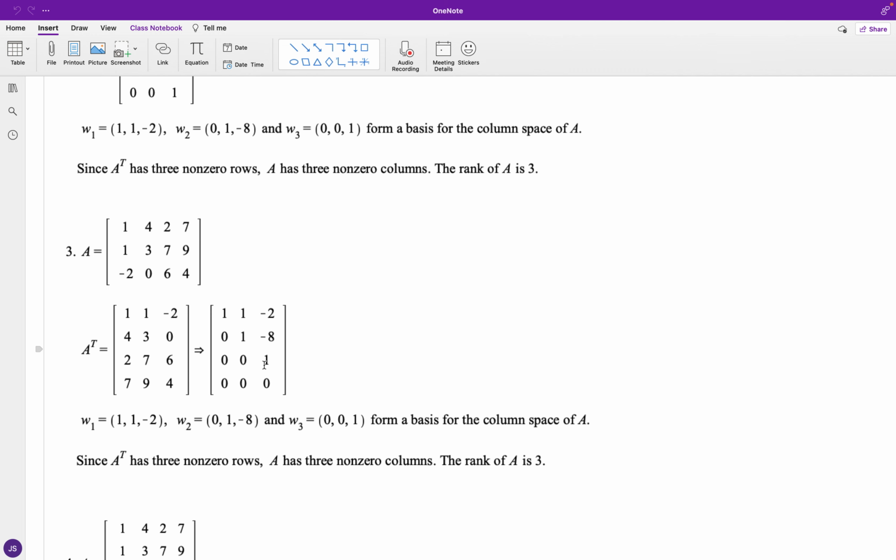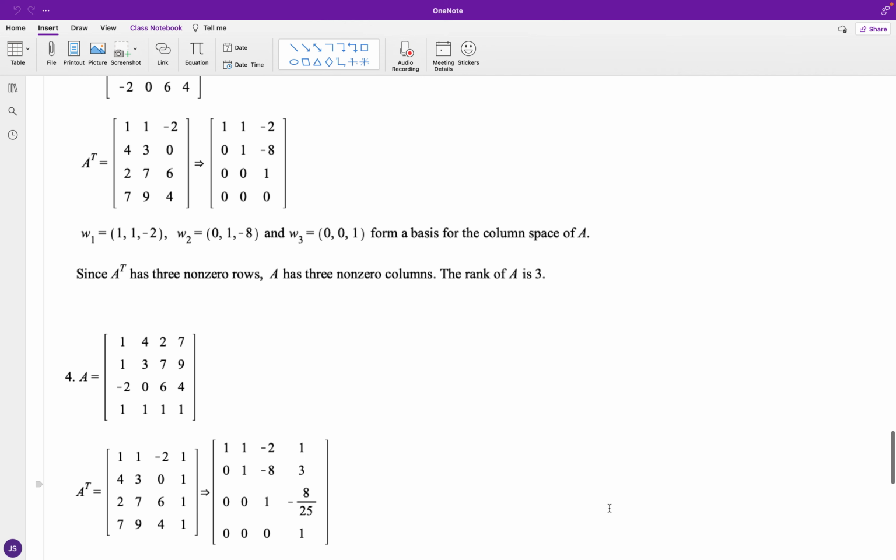Notice we have a diagonal array of ones, and the last row has zeros exclusively. So the first three rows will be the only non-zero rows, and the non-zero vectors W1, W2, W3 corresponding to the first, second, and third rows respectively will form a basis for the column space of A. And since the transpose has three non-zero rows, A itself is going to have three non-zero columns. Once again, the rank of this matrix is going to be 3.